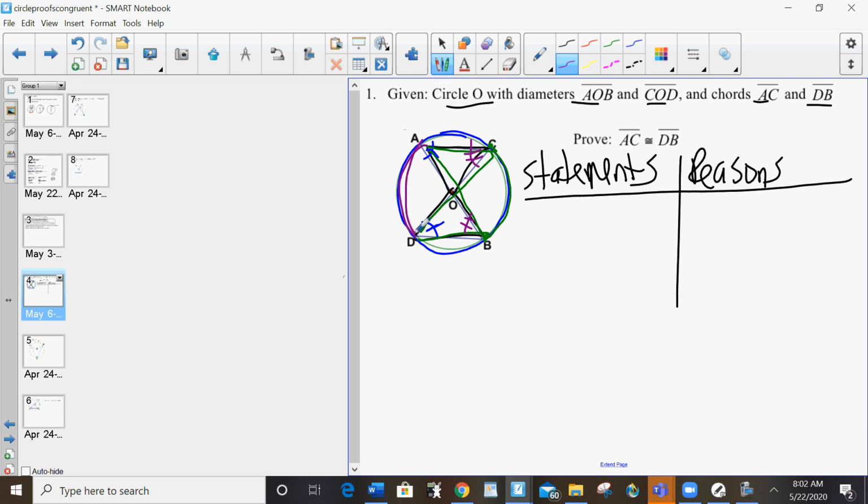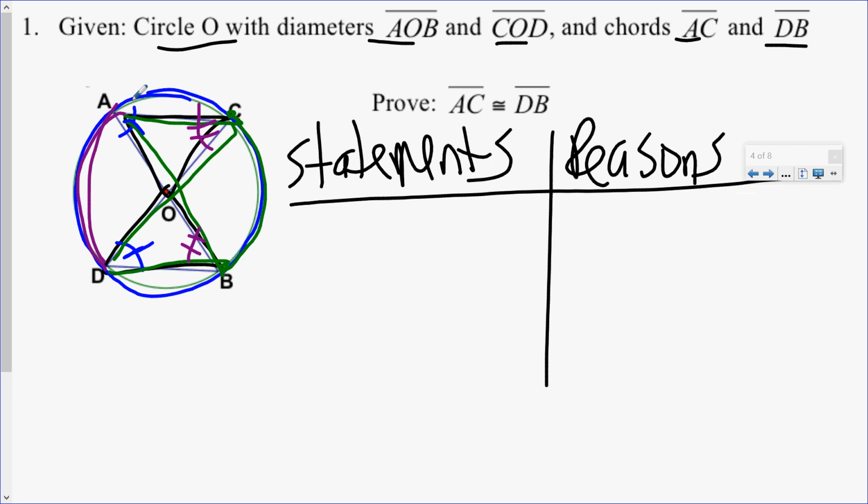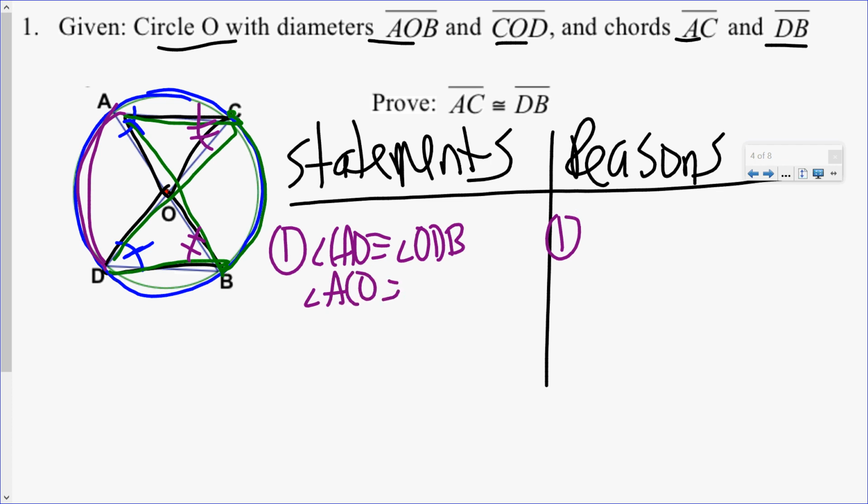So how am I going to put that into the proof? I'm going to say that angle CAO is congruent to angle ODB. And I'm also going to state that angle ACO is congruent to angle OBD.